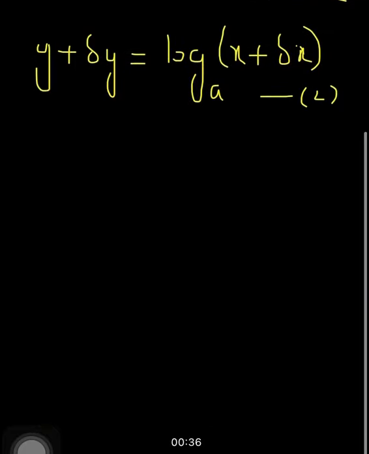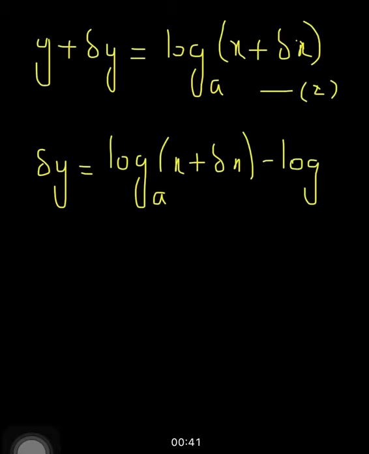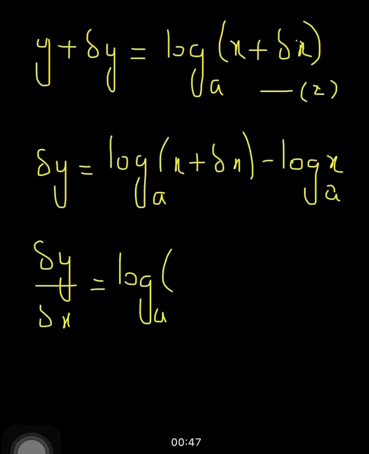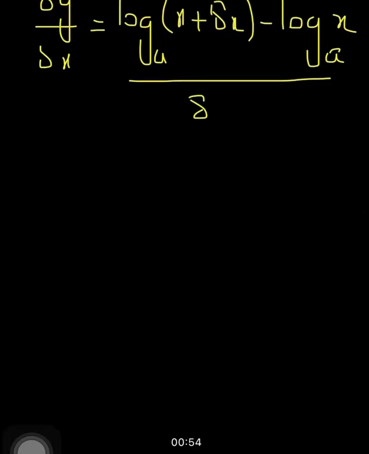Now in the next step, I subtract equations 1 and 2. I get del y equals log base a of x plus del x minus log base a of x. Now I divide both sides by del x, so del y over del x equals log base a of x plus del x minus log base a of x, as a whole divided by del x.